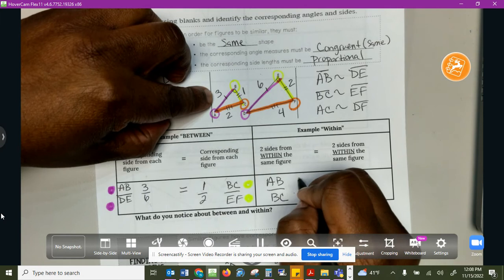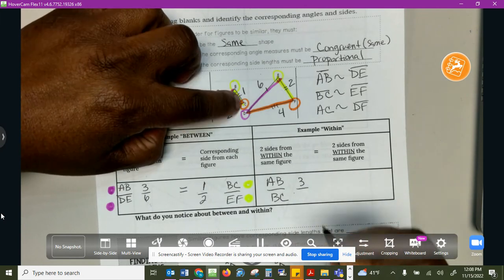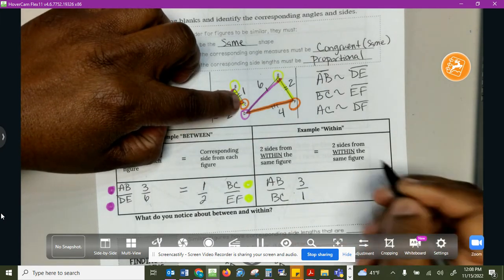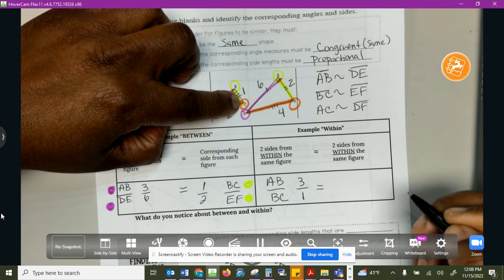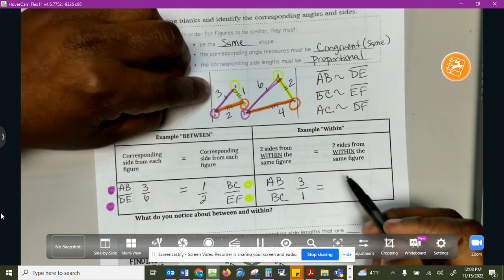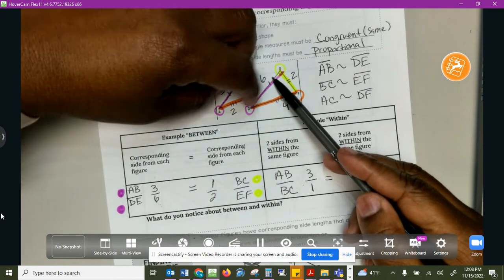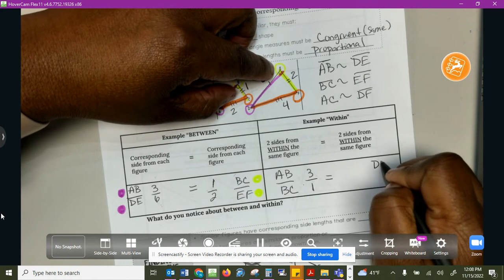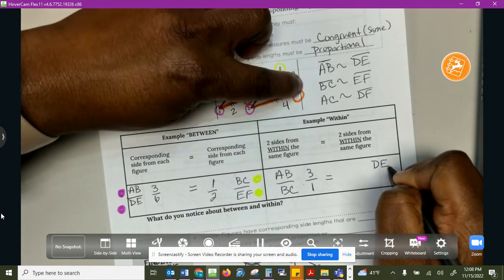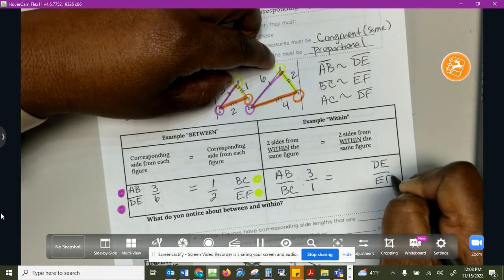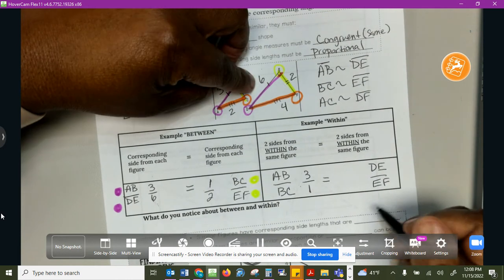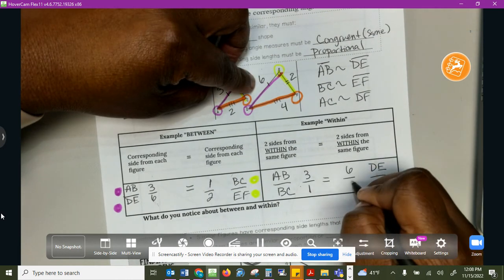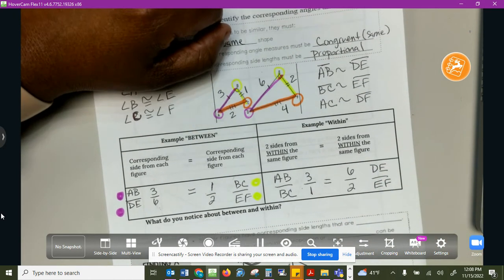AB is 3. BC is 1. And if I said that's equal to, I would use the same setup. So here it'll be DE. So I'm going to say over here DE to EF. And that number-wise would be 6 over 2.